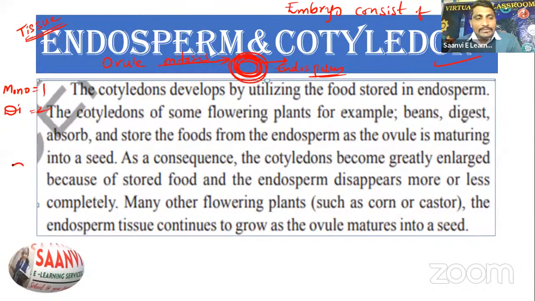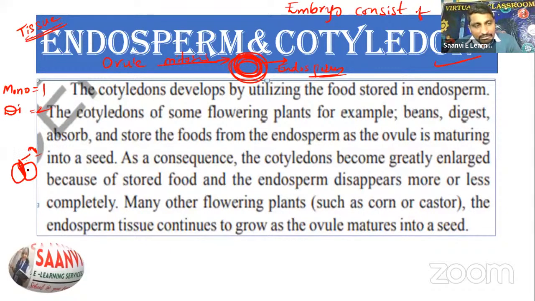If you observe bean seeds while germinating, and you rupture one, you can see inside a leaf-like structure.